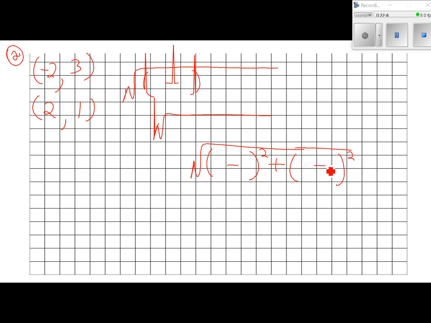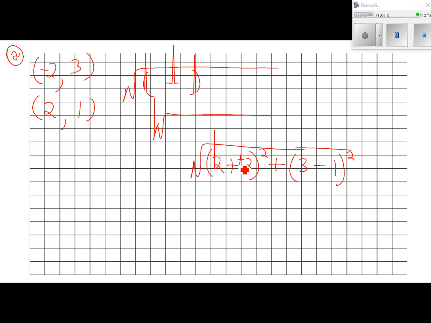What's our x's? 2 and negative 2. And what's our y's? 3 and 1. Now Michael said that we wrote these backwards. Does it matter which order we write them in? No, it doesn't make any difference, and I'd probably write that one second just so I can change that to a plus there. Maybe make it a little easier to do some of the math.